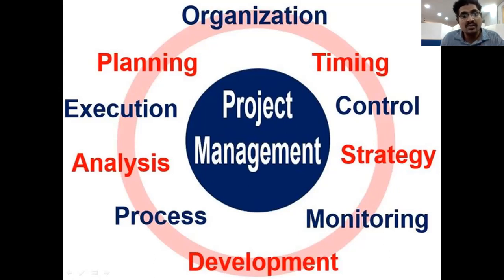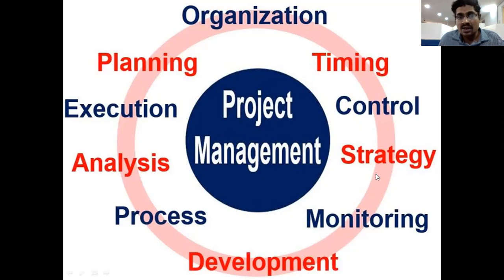Next, the completion process of a contract. Process planning. Next, analysis. Analysis means checking each and every task, the execution of projects, planning of projects. So these are all the sub functions we have in project management.